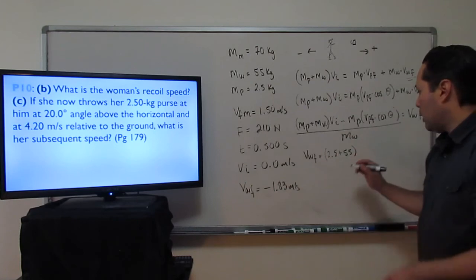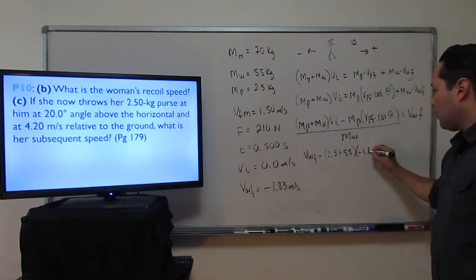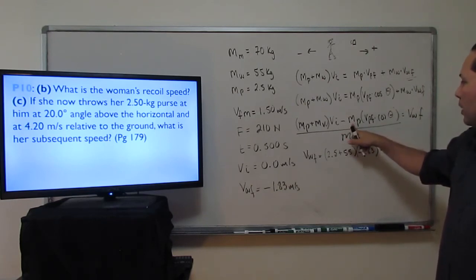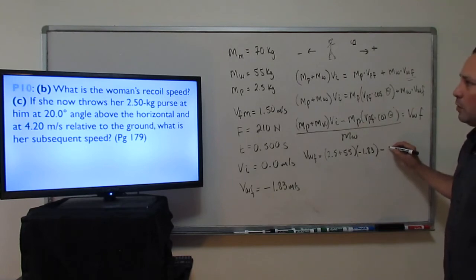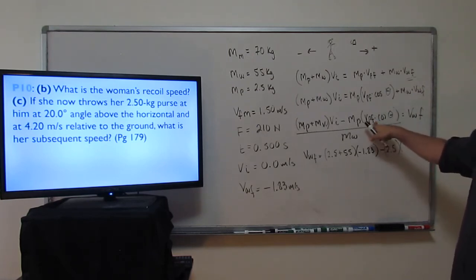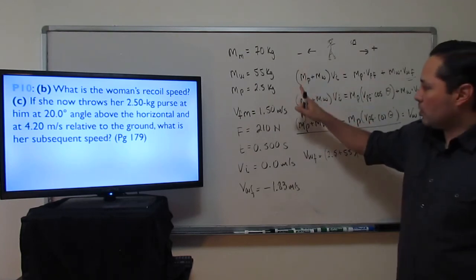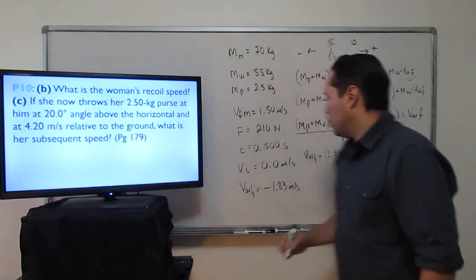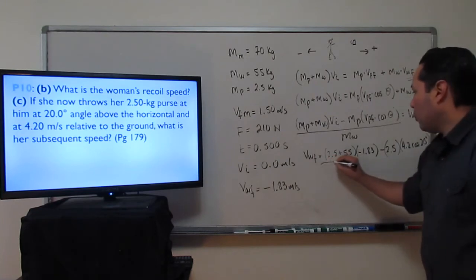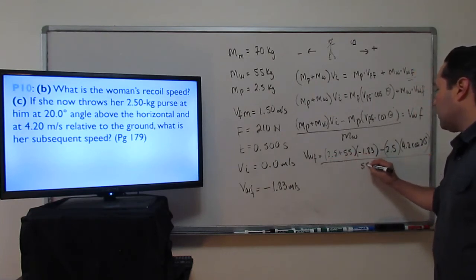Remember, she had already pushed off from the man, so she did have a velocity, minus mass of the purse, so 2.5 multiplied times velocity of the purse, which was 4.2, times cosine of 20. And this whole thing is going to be divided by the mass of the woman, which was 55 kilograms.